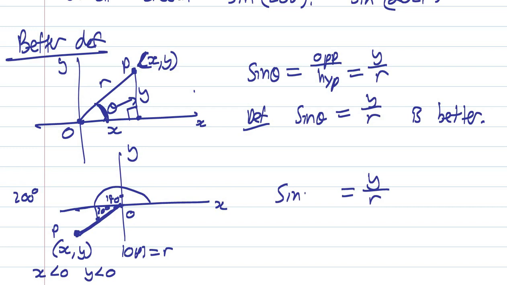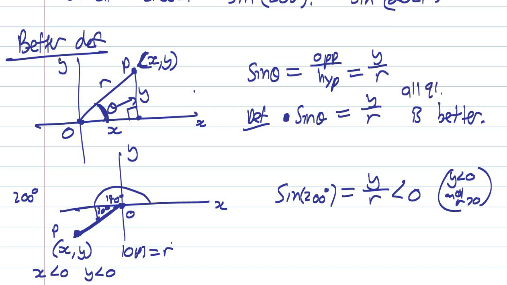Can somebody unmute? It'll be negative. Why? Because y is negative since we're in the third quadrant, and r is always positive because r is the distance from the point to the origin. So this is a way better definition, and this works in all quadrants.